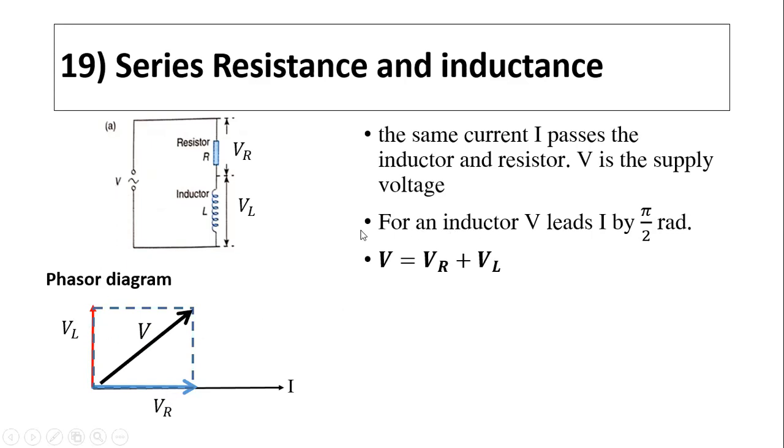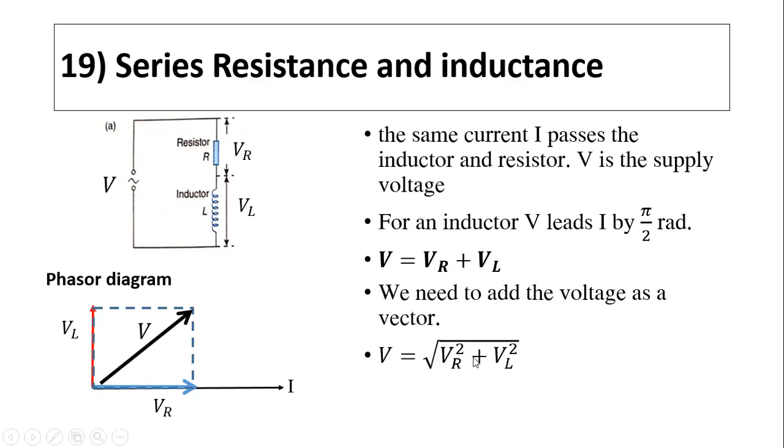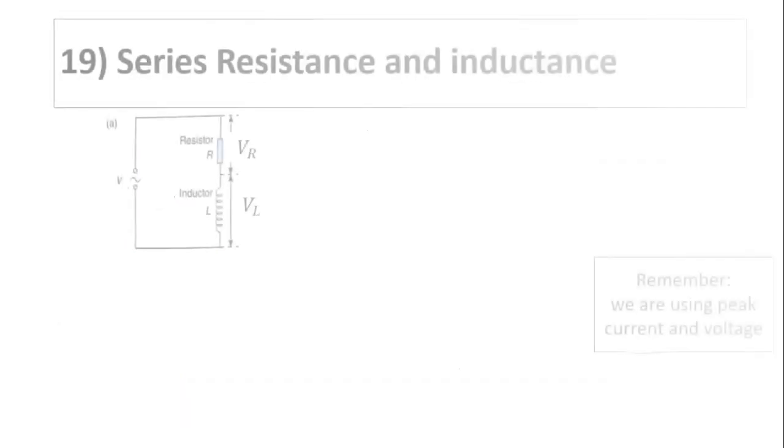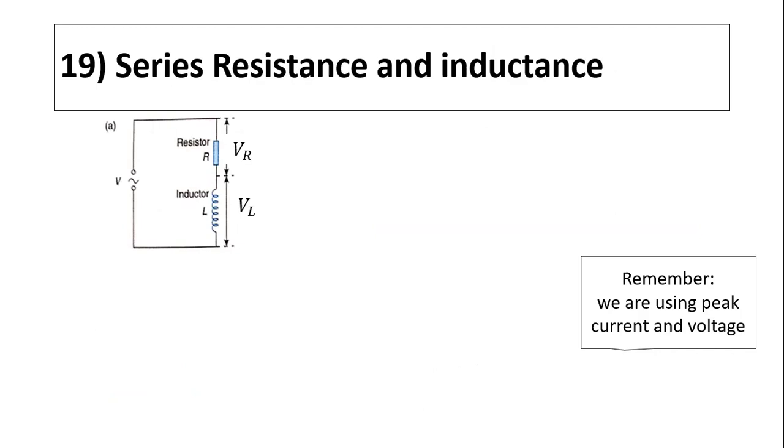Remember, this is a vector equation, so we need to add the voltage as a vector. That's how we get VR squared plus VL squared, and the square root of the whole thing is V. Reminder again, we are using peak current and peak voltage.